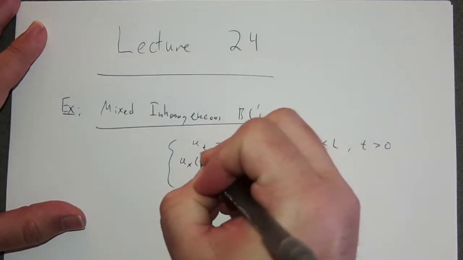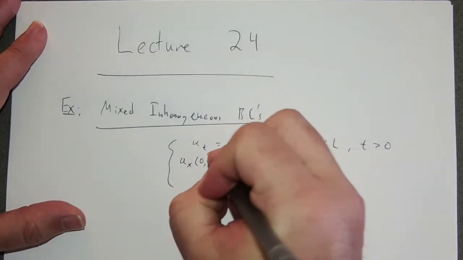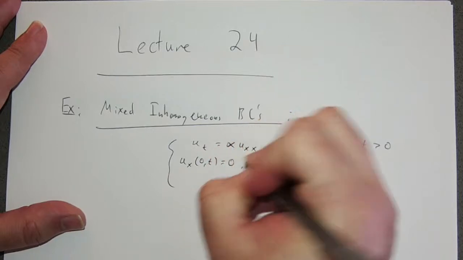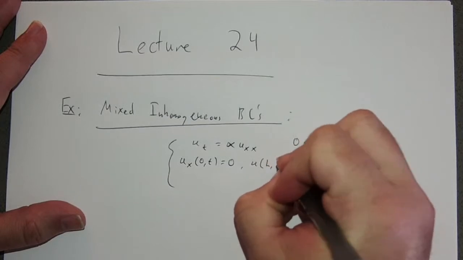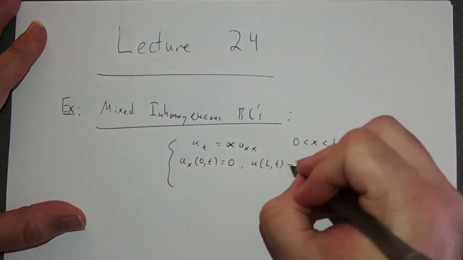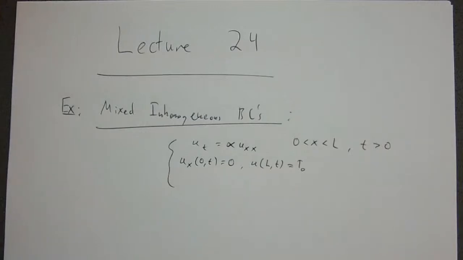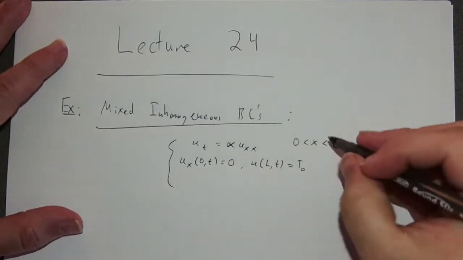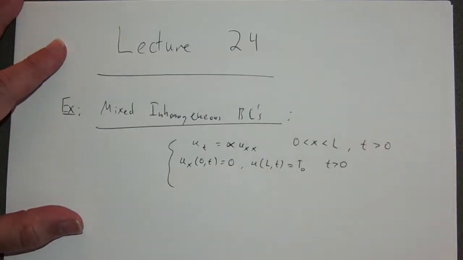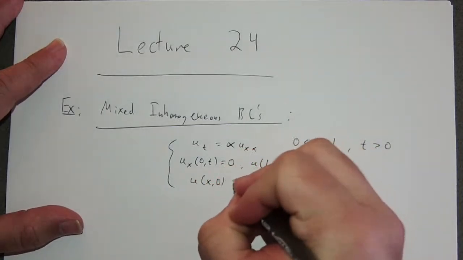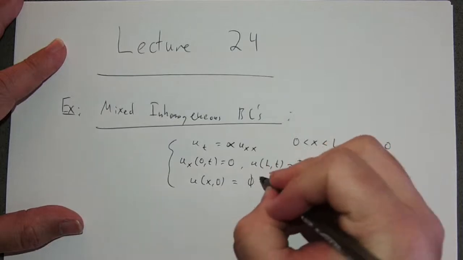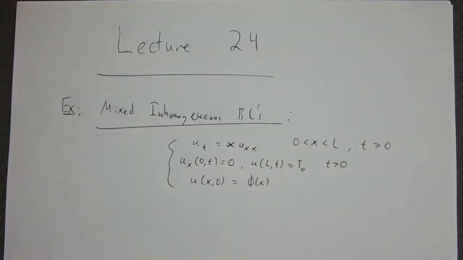So let's say that the flux at the left end is 0, and the heat at the right end is T naught. That's for all t positive. And then we have an initial condition, phi.